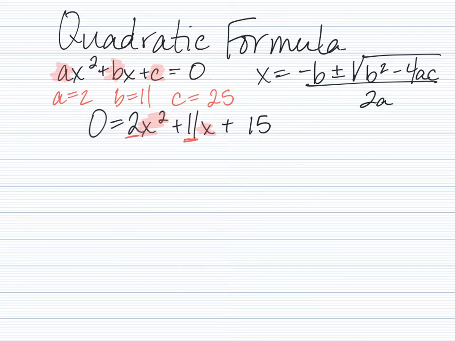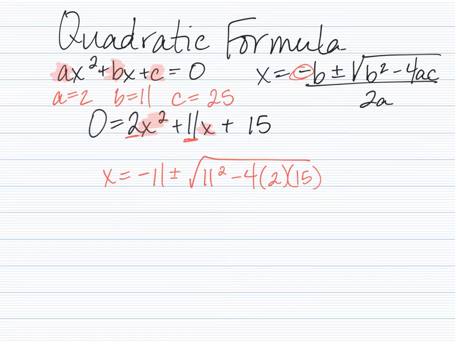So then what I need to do is take my quadratic formula and plug everything in. The negative is part of this formula, so make sure that negative stays there. And then I plug in my value of 11 for b, plus or minus square root of 11 squared minus 4 times 2 for a, and 15 for c.